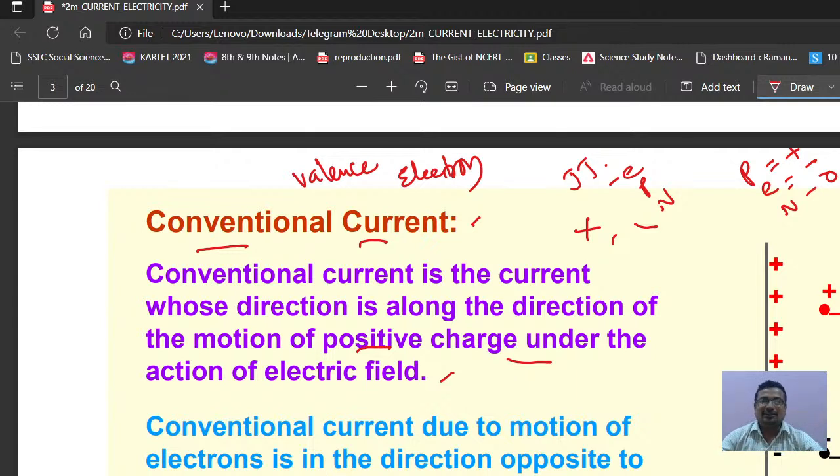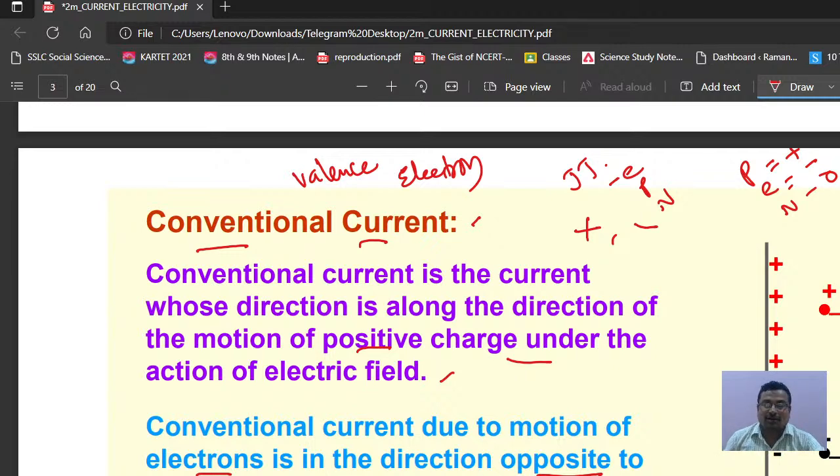So if we give the connection in a circuit, how are the electrons moving: in the same direction as the conventional current or in the opposite direction? The electron moves in the direction opposite to the flow of charge. The electron is moving opposite to the conventional current.